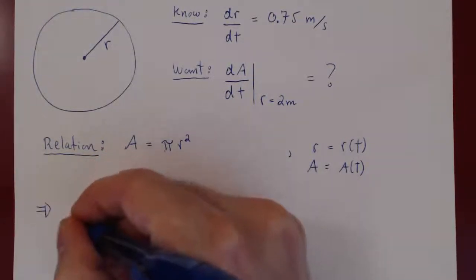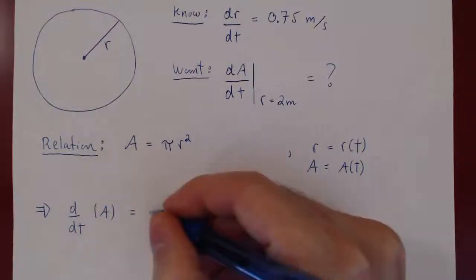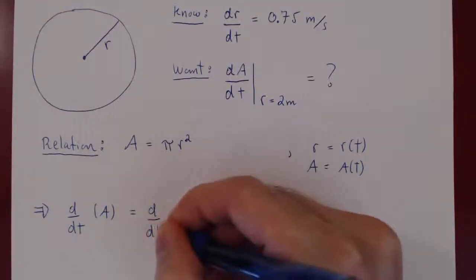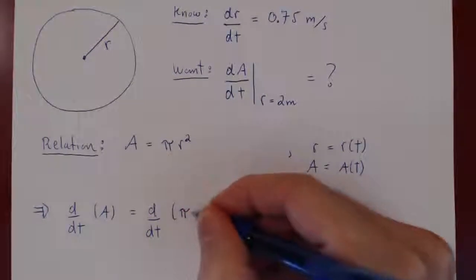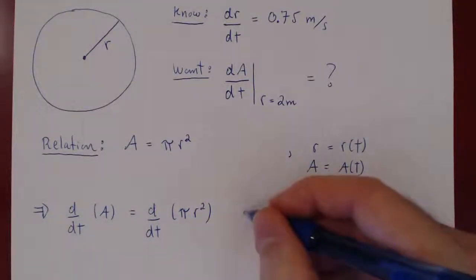So the derivative with respect to t of the left-hand side, which is A, will equal the derivative with respect to t of the right-hand side. Let's differentiate.